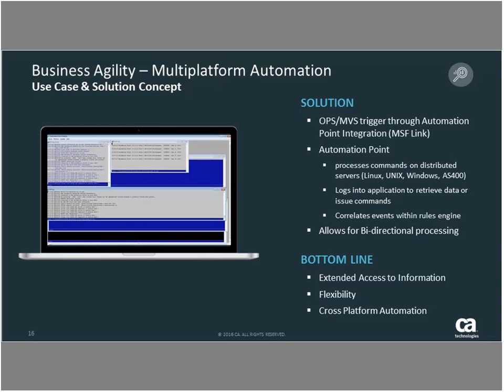And of course, it works the other direction too, since AP can be monitoring these distributed servers. It can see something going on on the distributed boxes and send that information up to the mainframe or take action on the mainframe because it's connected to both environments. So it allows for that two-way communication between multiple environments and to take action on them.